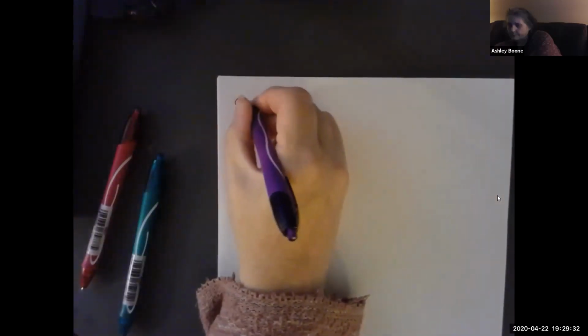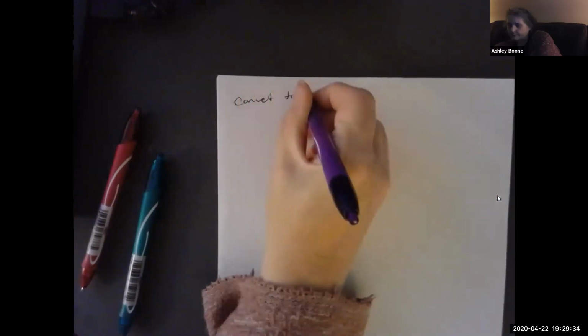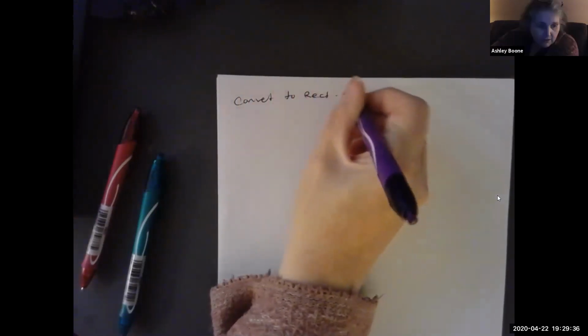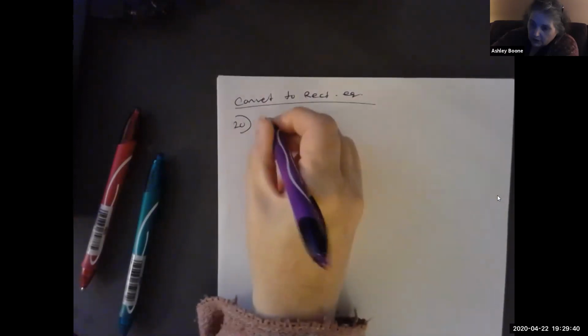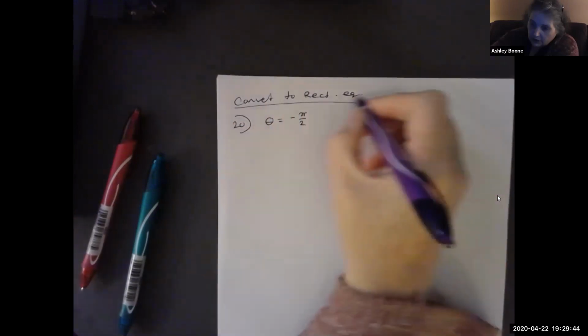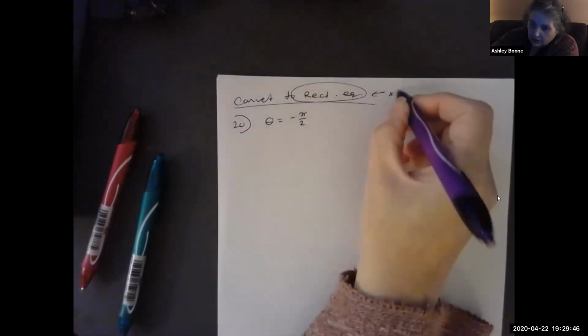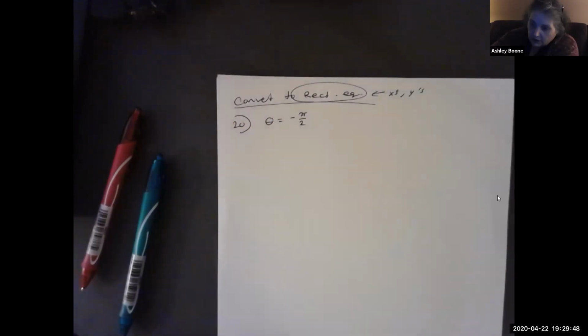The next set had us converting equations. So numbers 20 and 21 were convert to a rectangular equation. And number 20 had the equation theta equals negative pi over 2. Rectangular equations will have x's and y's.